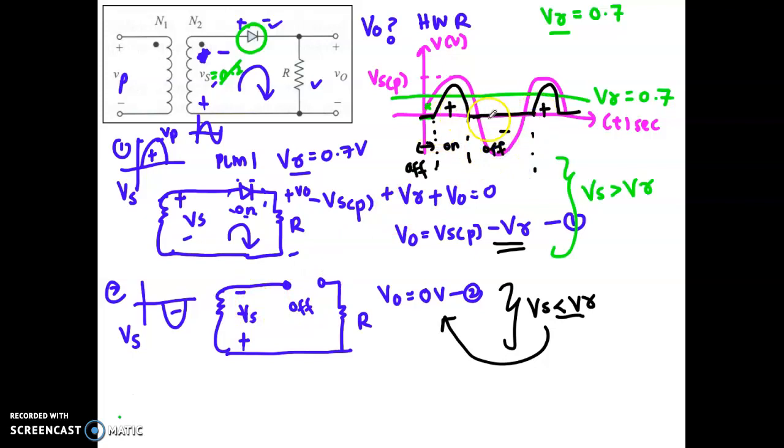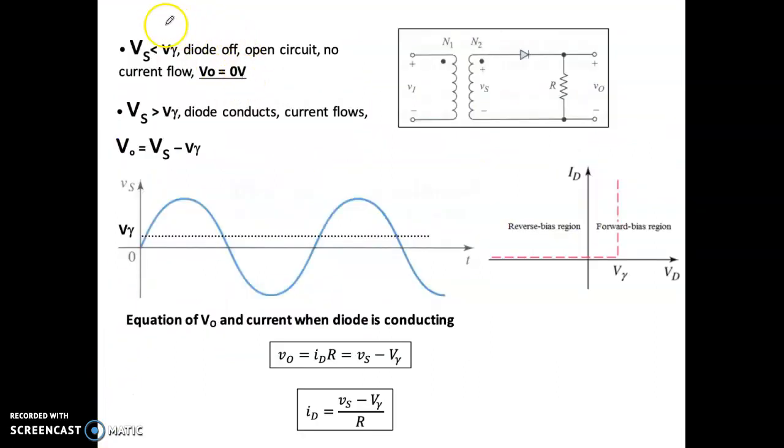So the diode will be turned on and off accordingly, depending on what you plug into the input. Okay, so if you see the same explanation, when your Vs is less than V gamma at the positive cycle, which is at this part, if it is still less than V gamma, you don't have your V out because the diode is off.